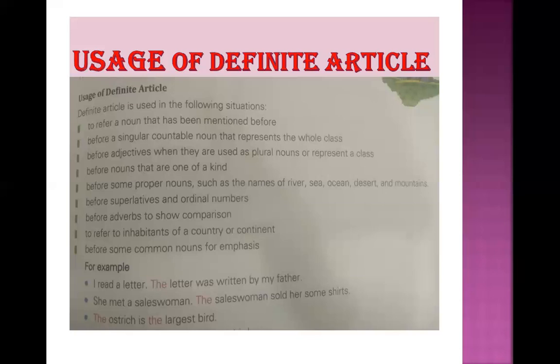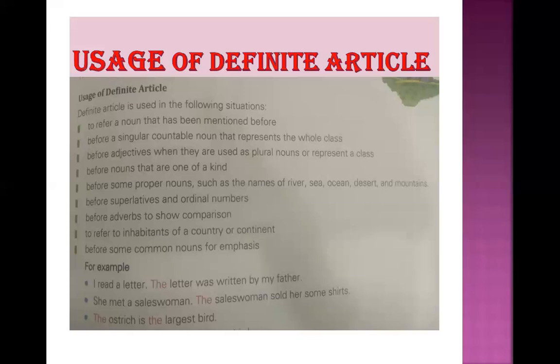Now, for example, if I say I read a letter, in the sentence that followed, I said the letter was written by my father. Here I am specifying. I'm being specific here. She met a saleswoman.